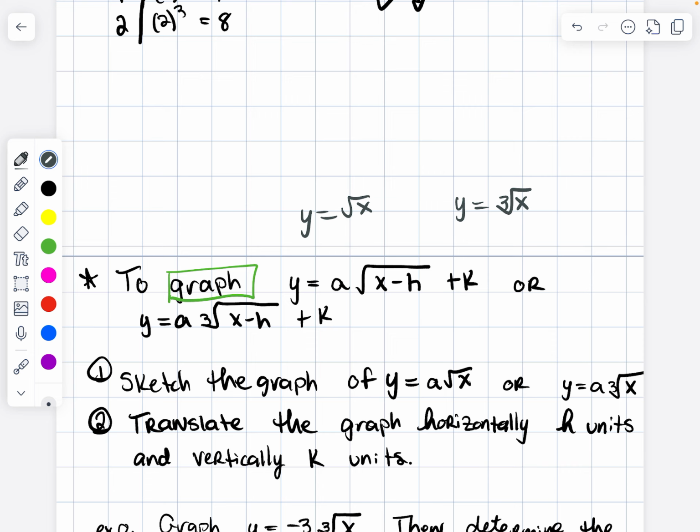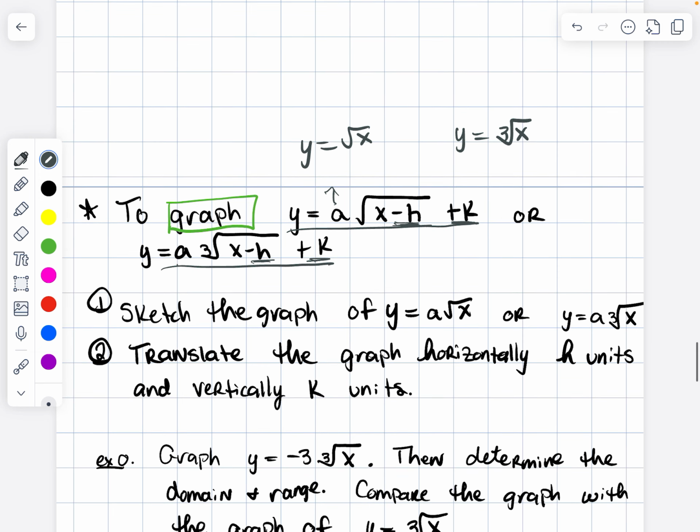In order to graph these, this should take you back to transformations of functions, which I know you guys know, where a affects the vertical stretch and compression, the minus h affects the left and right part, and the plus k affects up and down. So here, a, same thing, h, same thing, k, same thing.